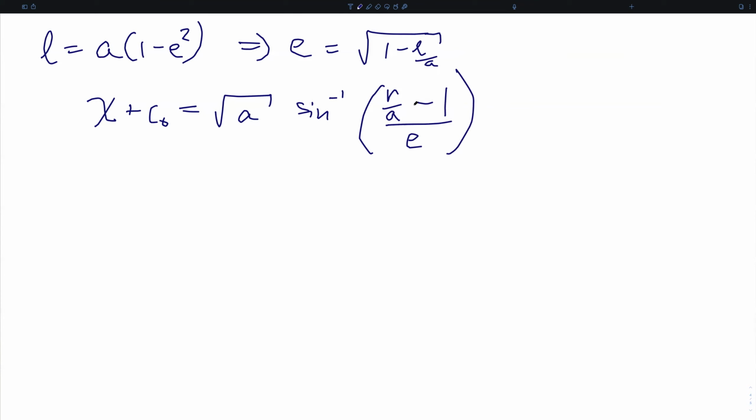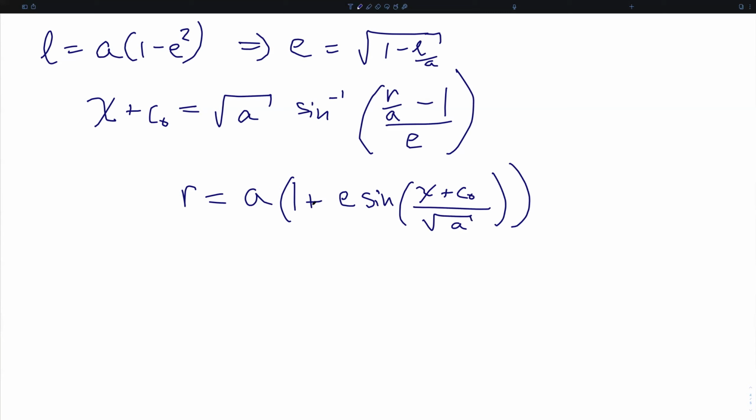We invert this to solve for r, and we find that r is equal to the semi-major axis times quantity 1 plus eccentricity times sine of chi plus c naught over root a. And this is going to be important to us later, so we're going to hold on to this expression. We're going to tag it with a star because we'll be coming back to it.